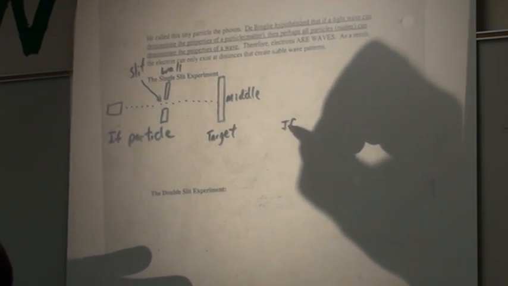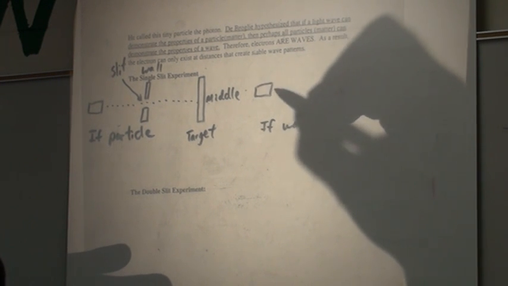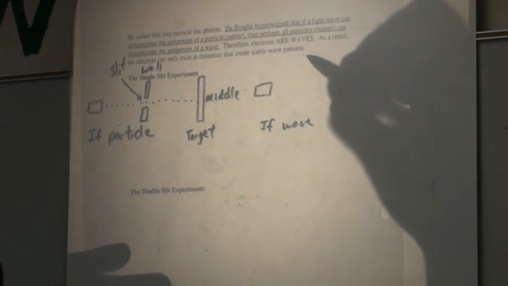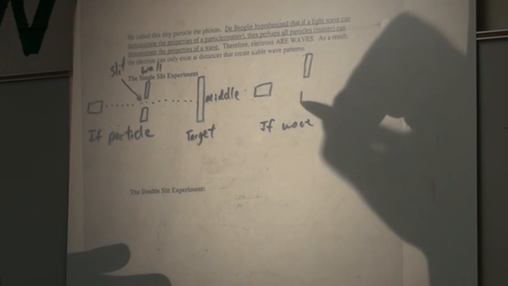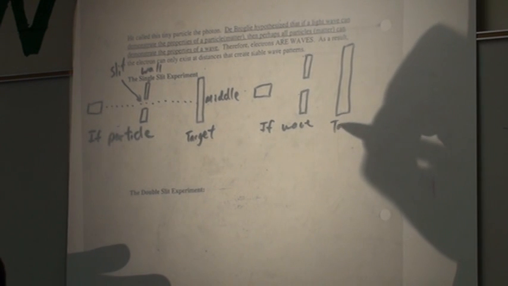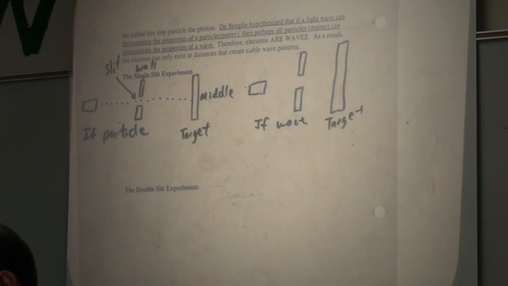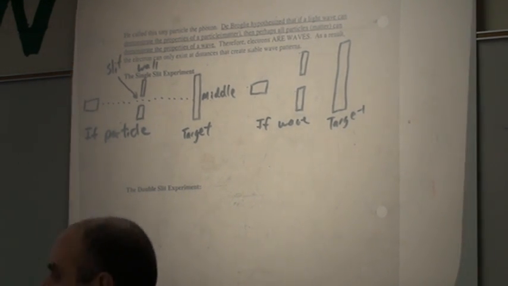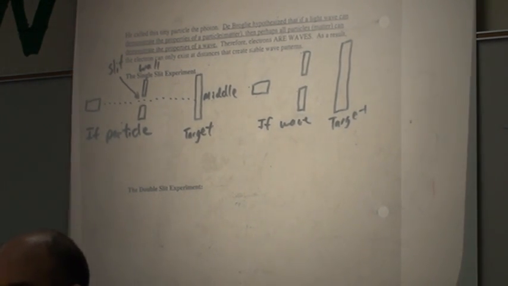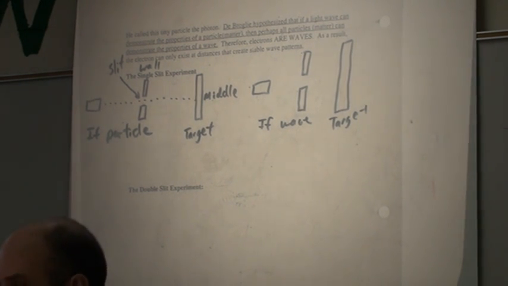But what if the electron is a wave? So I know this gets to be a little bit weird, but you need to envision the electron as like a water wave or a sound wave coming out of my mouth.